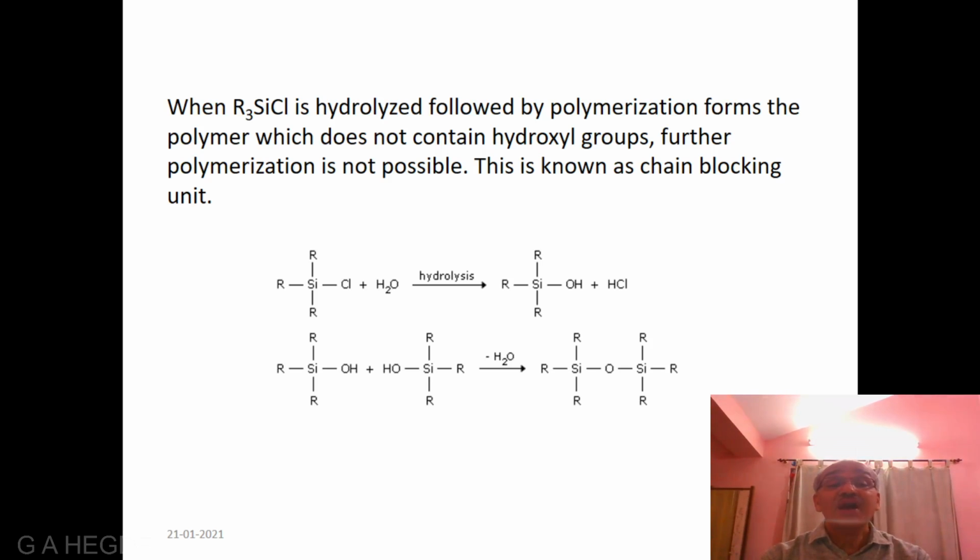When R3SiCl is hydrolyzed followed by polymerization, it forms the polymer which does not contain hydroxyl groups. Further polymerization is not possible. This is known as chain blocking unit, and this is the equation.